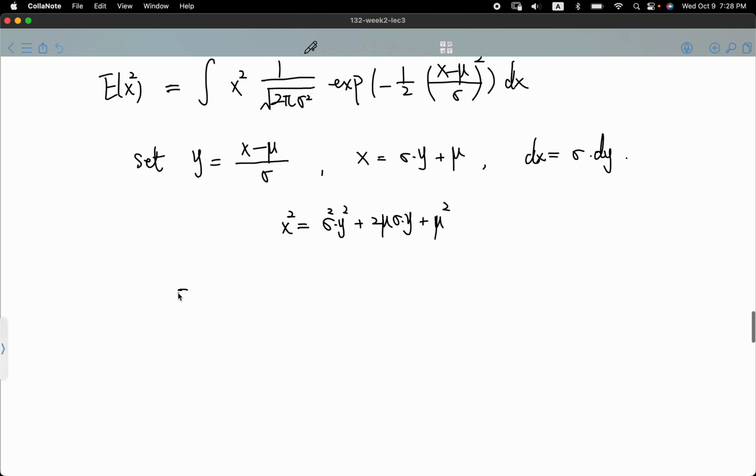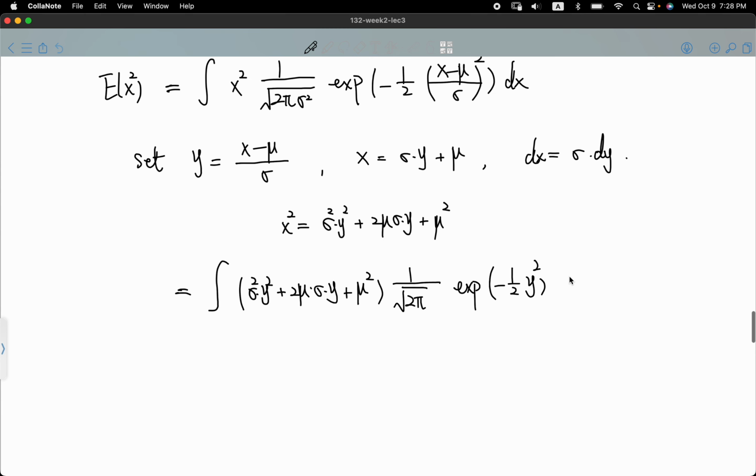Now we bring all these components into the integral. Let's write it here: sigma squared y squared plus 2 mu sigma y plus mu squared, times 1 over sigma square root of 2 pi. I'm going to cancel out this sigma squared with the sigma from the dx, times exp of negative one half y squared dy.